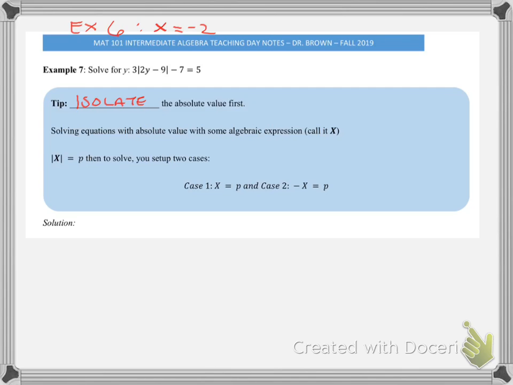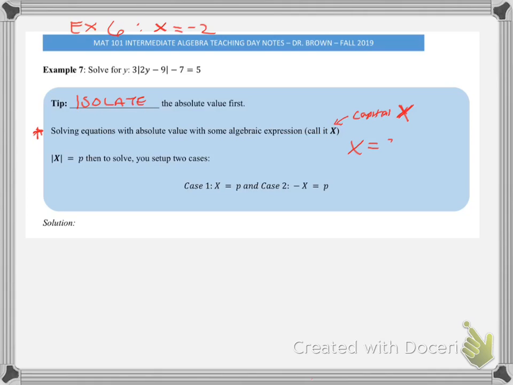So if we do that, and before we start that, I also have this tip in here about solving equations with absolute value with some algebraic expression. So notice that this is a capital X, and it's a capital X because it's not standing for a single variable. It's actually standing for any expression you have.